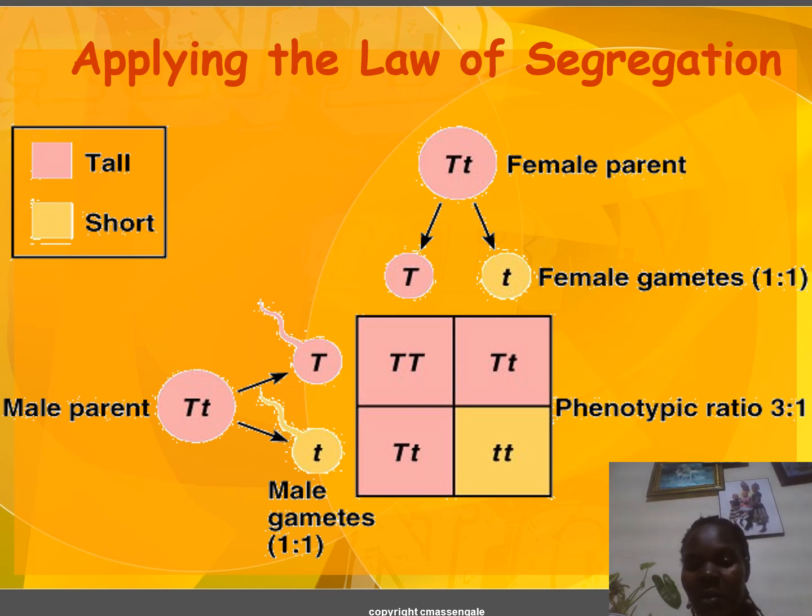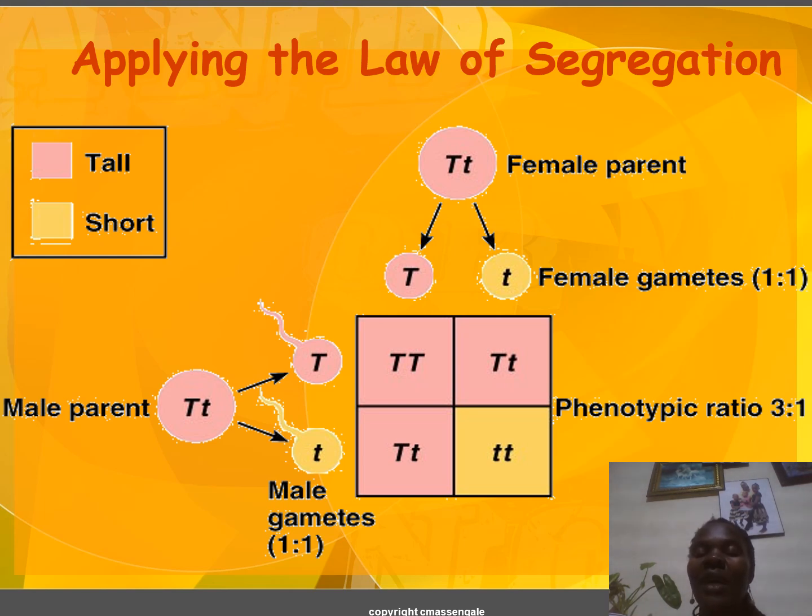The three pink boxes talk about a phenotype which will show the three of them tall. Now the law of dominance comes in handy. The capital T, small t: the capital T will suppress the small t, so the phenotype which will be expressed will show the tallness.